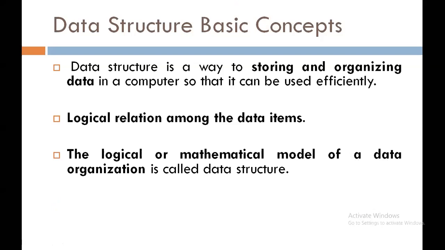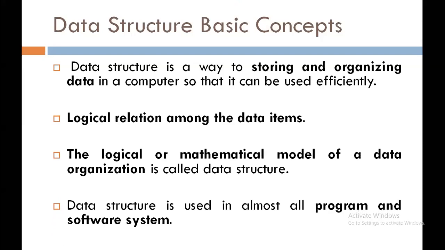It specifies logical relations between data items, not physical. The logical or mathematical model of a data organization is called a data structure. For organizing data, we can use different mathematical models.